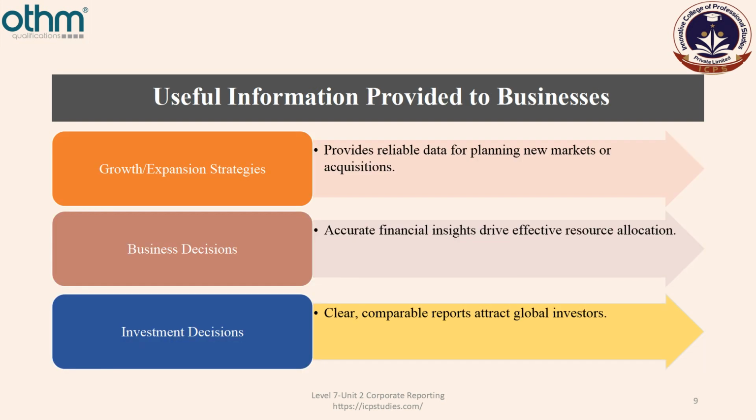Now, there is some useful information provided to the business. The first is the growth and expansion strategy, which provides reliable data for planning new markets or acquisitions. Then there are business decisions, in which accurate financial insights drive effective resource allocation. Then we have investment decisions, in which clear, comparable reports attract global investors.